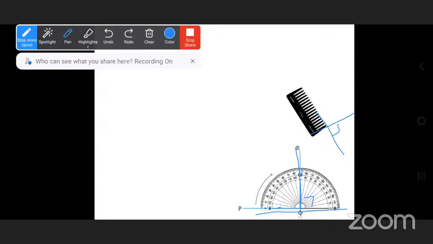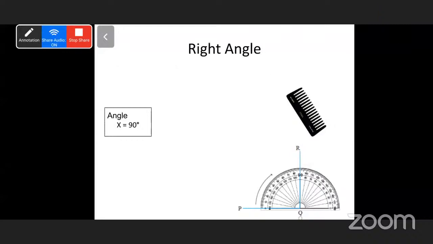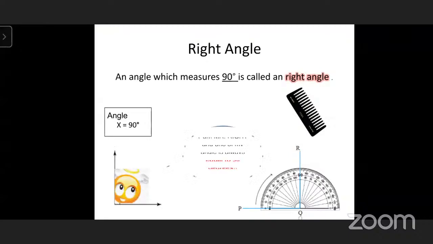If you see, it's 90 degrees over here. So if the measure of the angle is 90 degrees, we call it a right angle. This is how we represent a right angle. Right angle is Mr. Right, and it is always equal to 90 degrees. It is never less than 90 degrees. It is never more than 90 degrees. It is exactly 90 degrees.